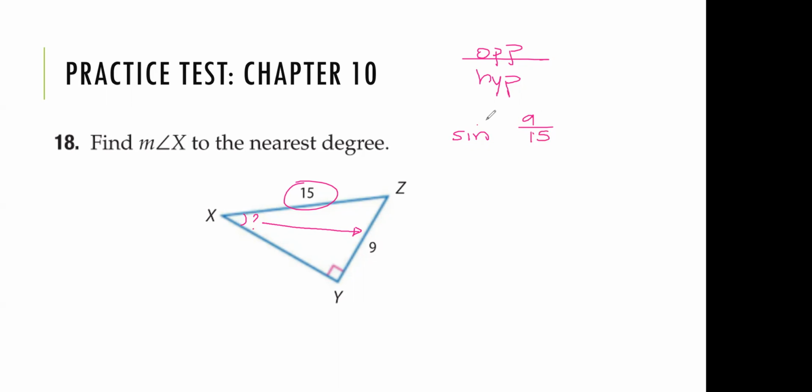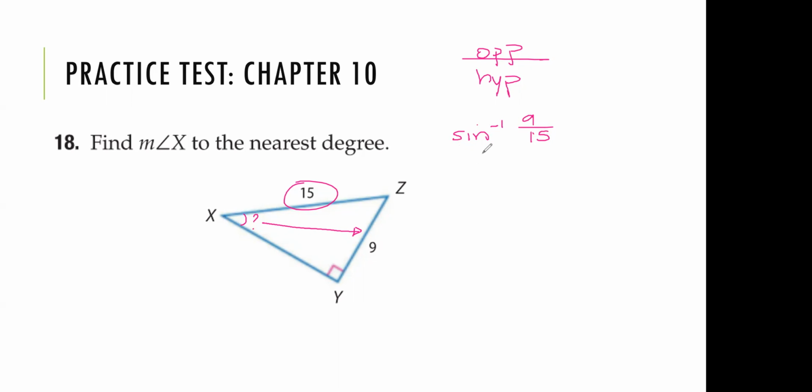Okay, and we want the degree, right? So we want the inverse sine of 9 over 15. You punch that into your scientific calculator, or you can use Desmos, DESMOS.com.